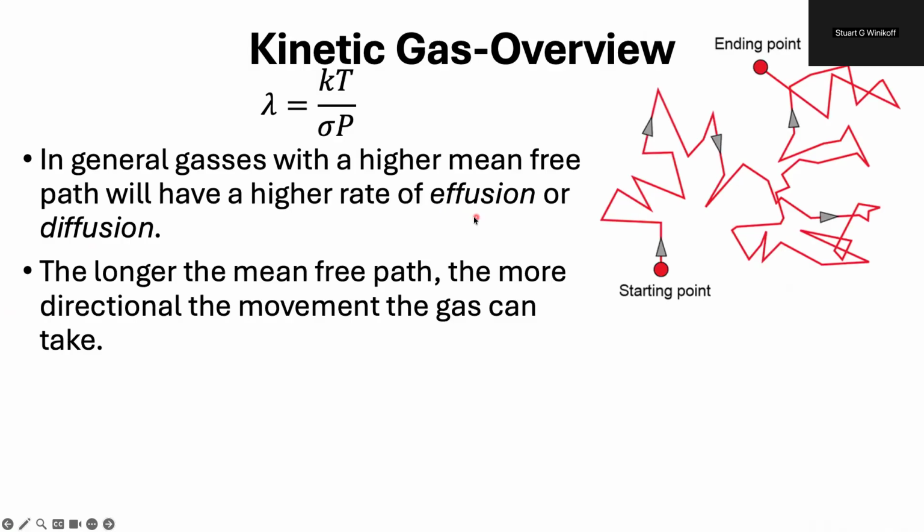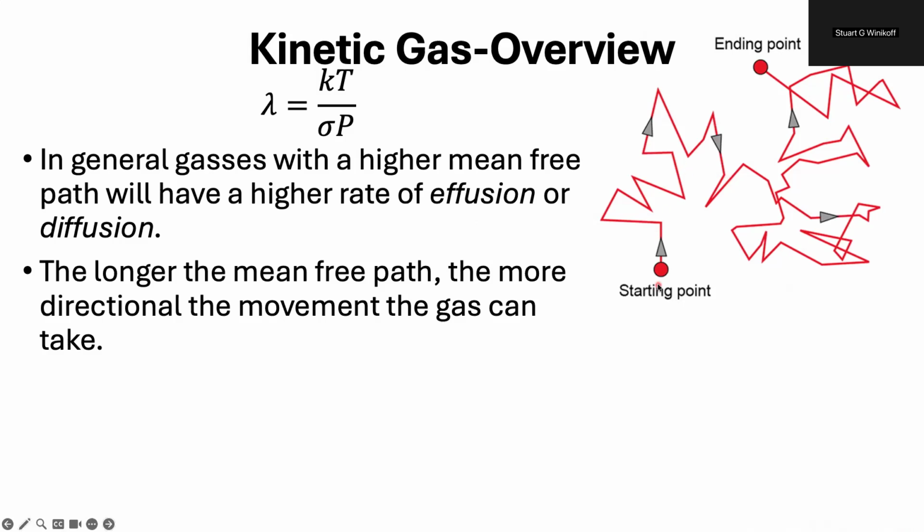And the idea here is that as a gas is traveling through space, it goes through something called a random walk. It will travel some distance, collide with a molecule, go off into a different direction, collide again, go off in a different direction. And as it progresses, this is called a Brownian motion, as the particle is traveling randomly through the environment.